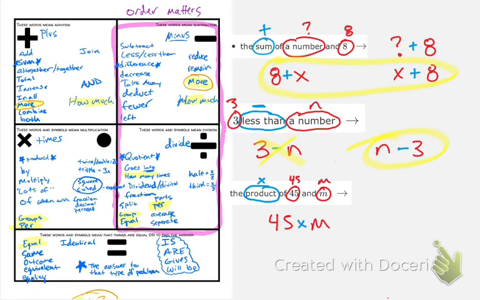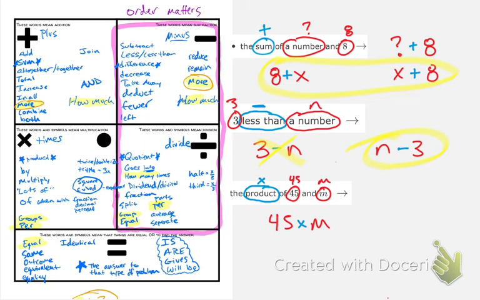Now, I want to take a quick minute to note a couple of things. Imagine for a second that instead of M, that was X. So we would have 45 times X. If you imagine how we might write that down, you could see that actually gets pretty confusing because it would kind of look like 45xx, and that gets a little bit confusing.